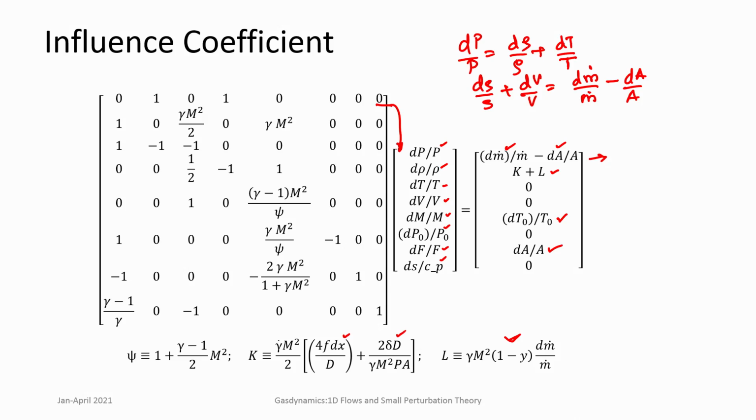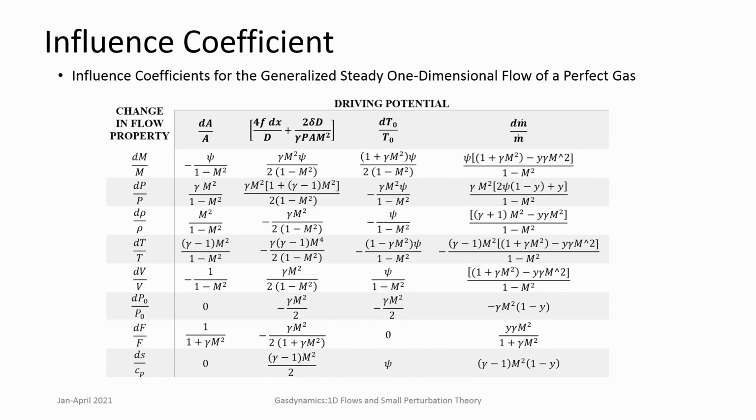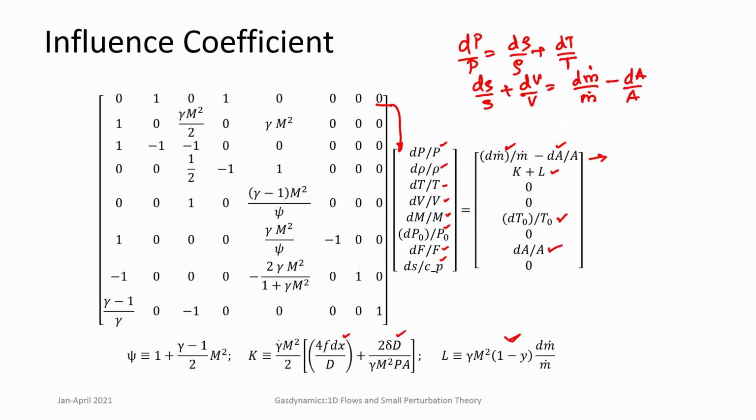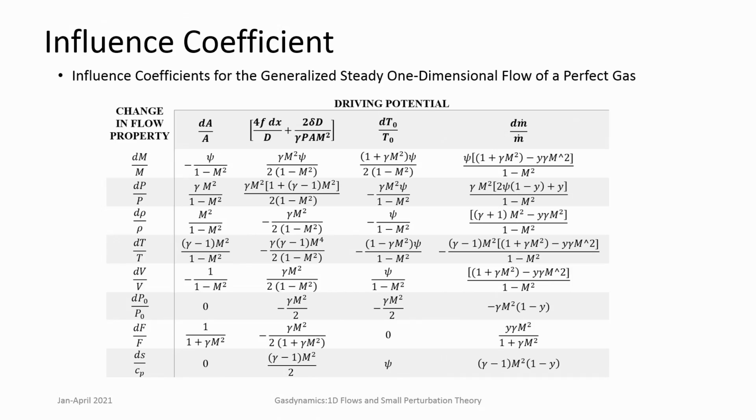Now, this can be inverted. The way to solve this is to express each parameter, dP by P, d rho by rho, dT by T, in terms of these driving potentials and an influence coefficient associated with them. This can be solved analytically. Nowadays there are good analytical solvers like Maple, Mathematica, and even MATLAB.